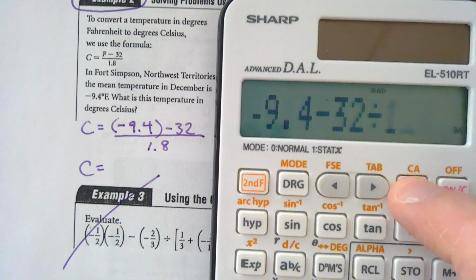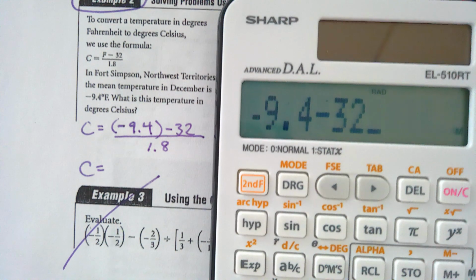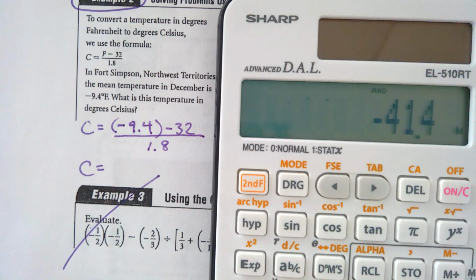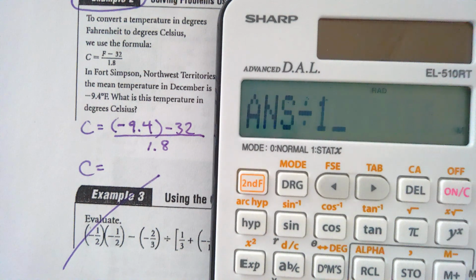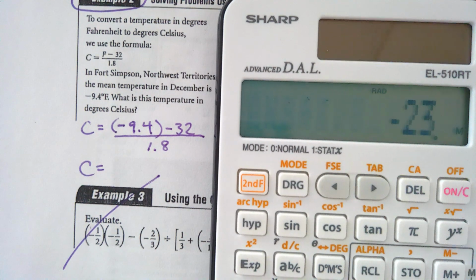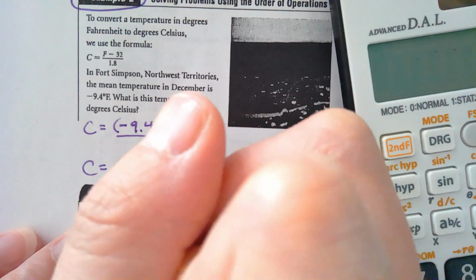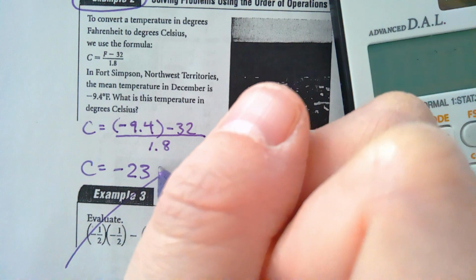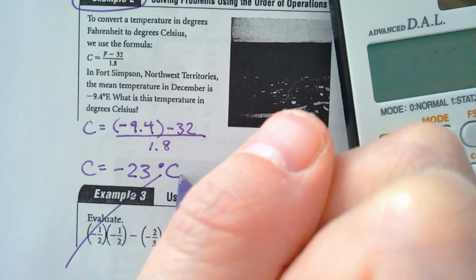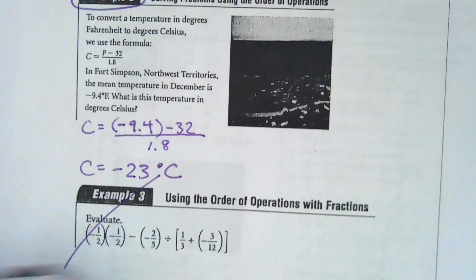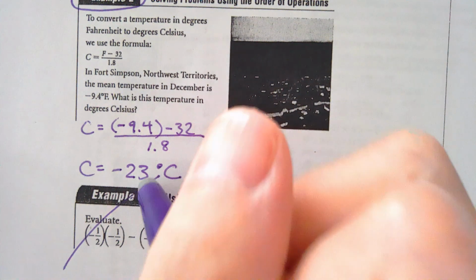So what you have to do is do your numerator first, press equal, and then divide it by 1.8. Then you get the correct answer. Okay, so be very careful with that. It's a common mistake that people make. It's not that they don't understand it. It's because it's a silly mistake that their calculator does.